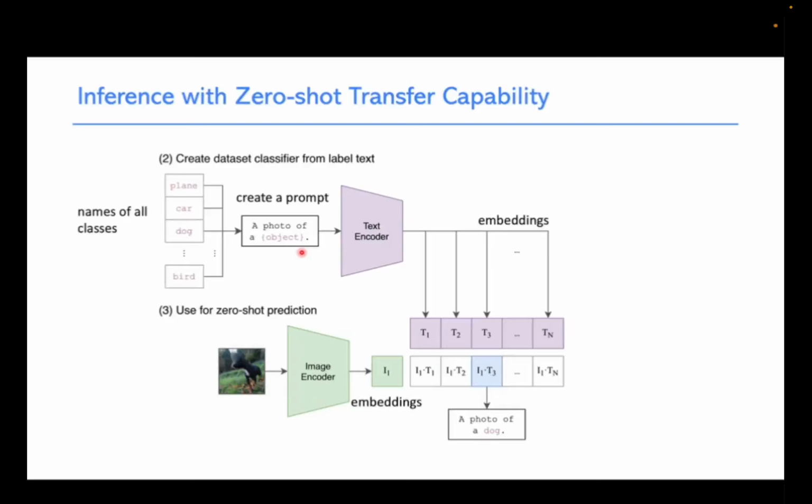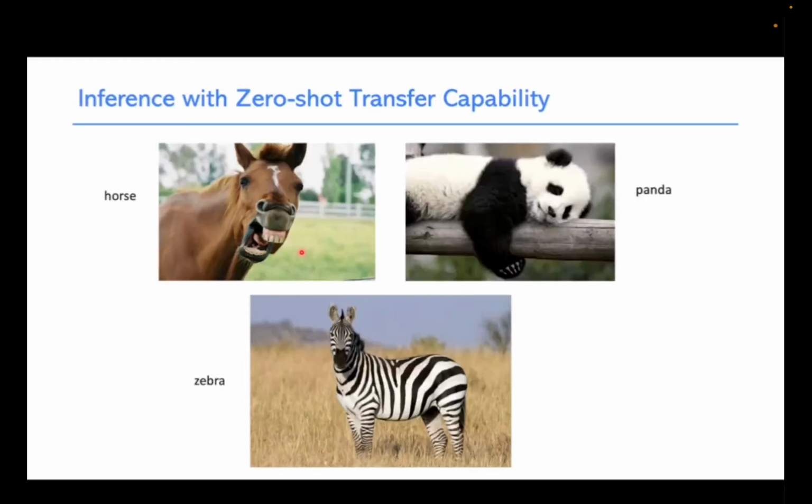Otherwise, imagine that you need to manually label 400 million text-image pairs. How many resources would you need? That's a lot of work. By doing this kind of framework, we don't need to manually label. We can use the online resources. And second, it enables us to do zero-shot transfer during inference. So those are the two benefits of creating a CLIP model.